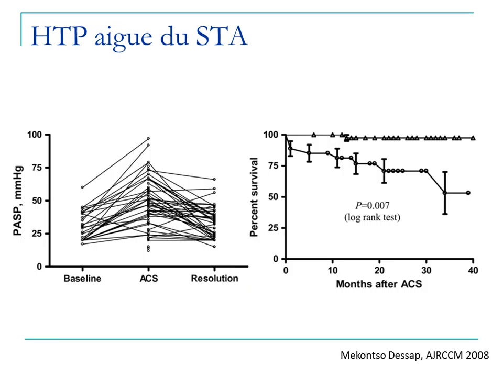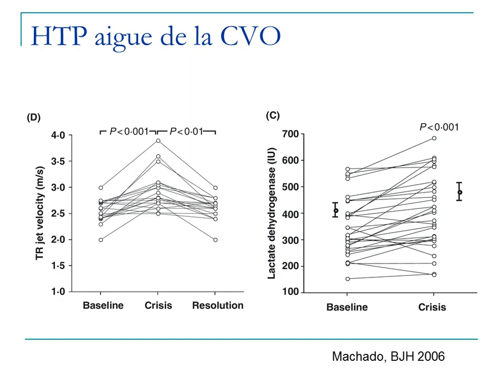Here you see pulmonary pressure goes up during ACS, then becomes normal, and this acute figure here has a worse prognosis. It is connected to hemolysis and vaso-occlusion phenomena.